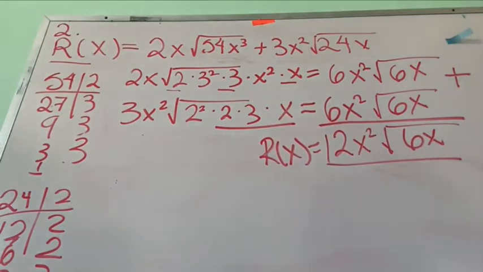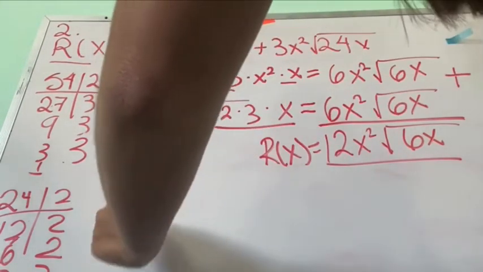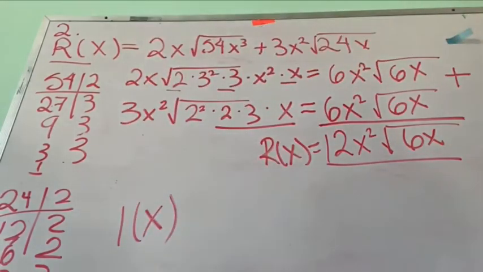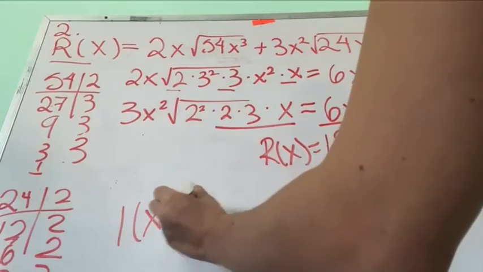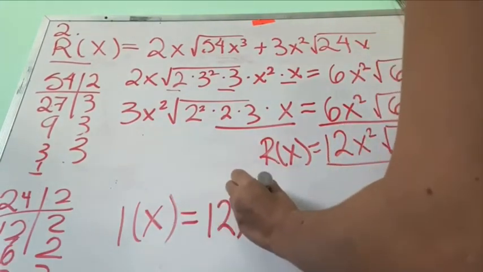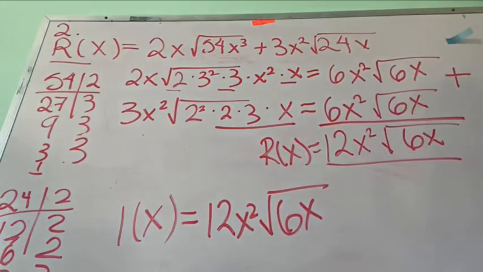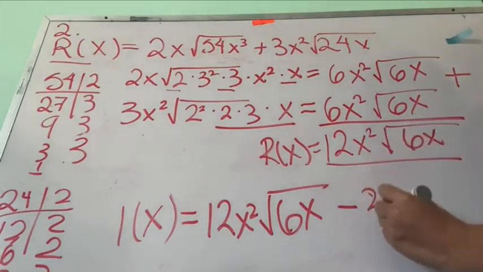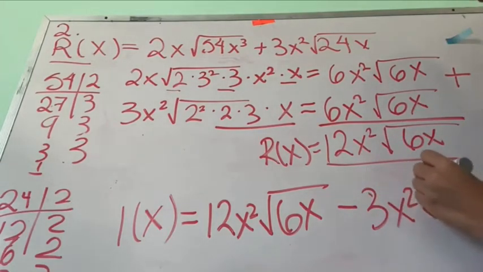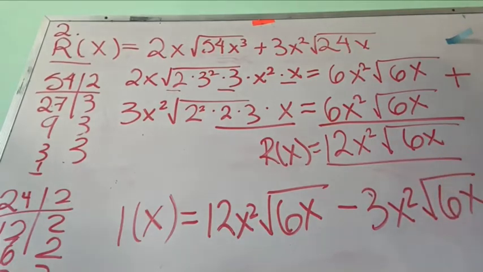And now to calculate the income, we have that it's the value of the revenue, that is 12x squared square root of 6x, minus the value of the cost, that is 3x squared square root of 6x.